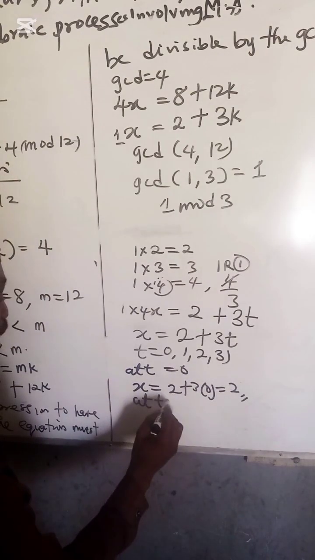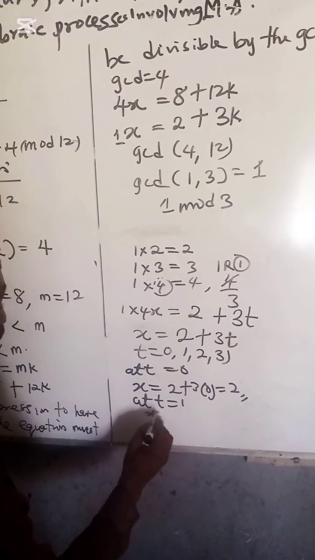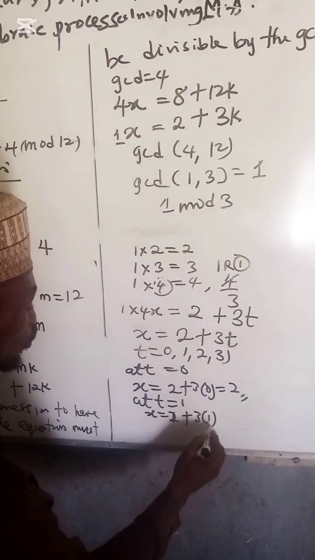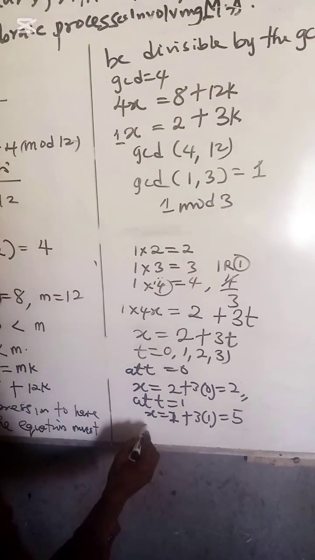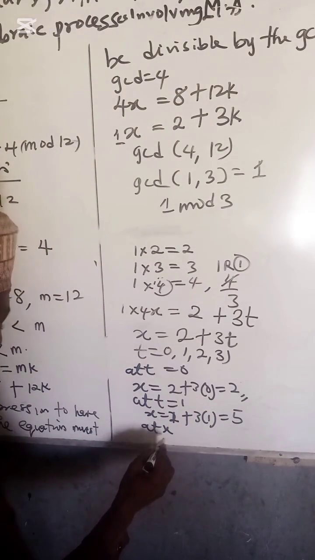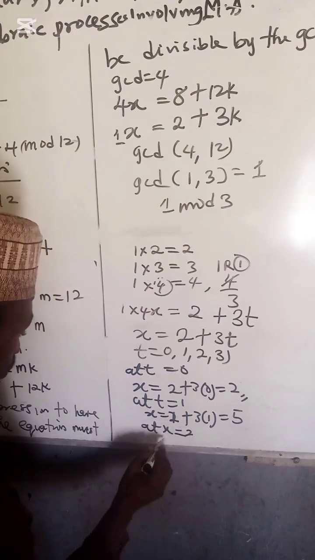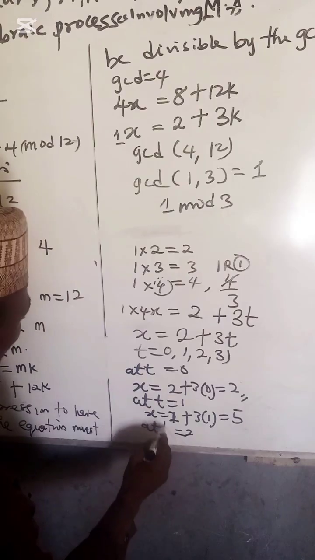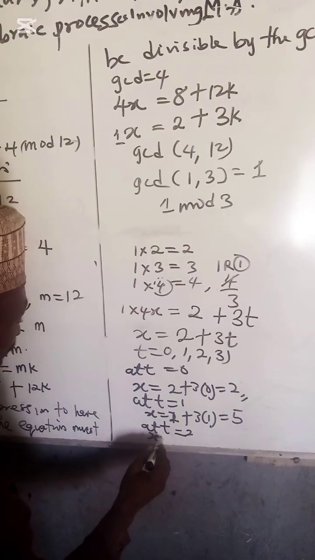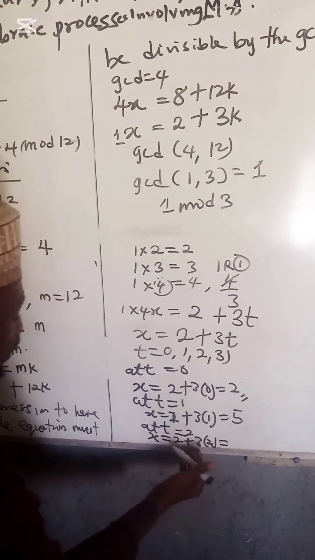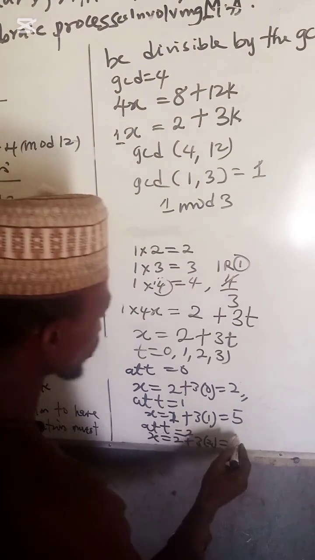At t equal to 1, x equals 2 plus 3 into 1, you have 5. At t equal to 2, x equals 2 plus 3 into 2. We have 3 times 2, 6, plus 2, that is 8.